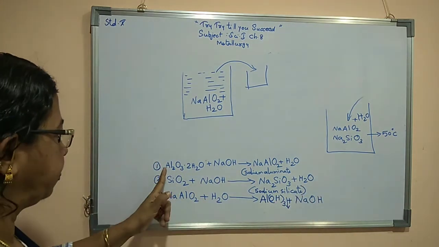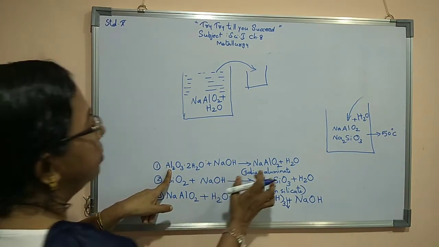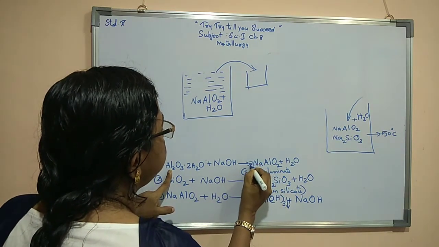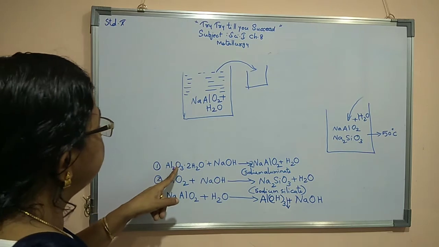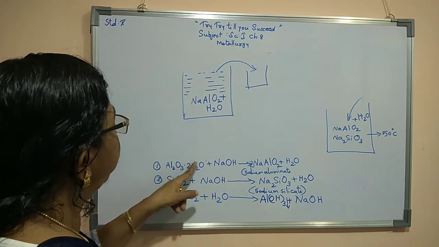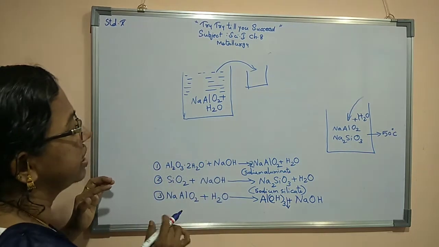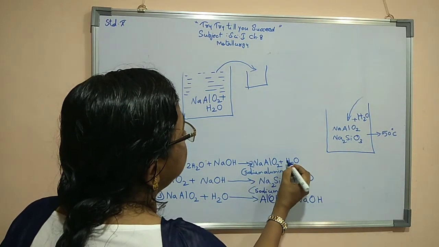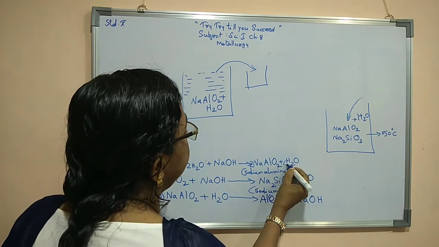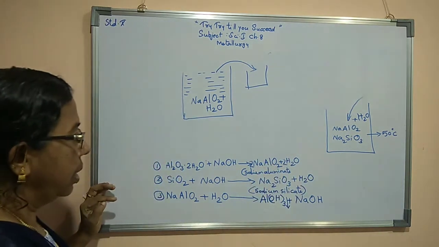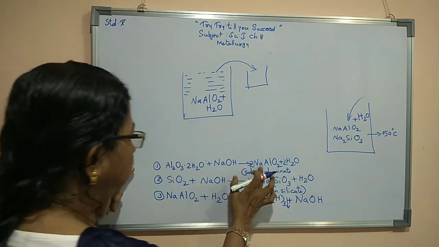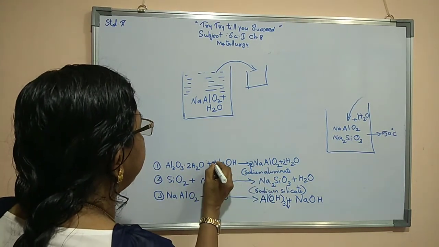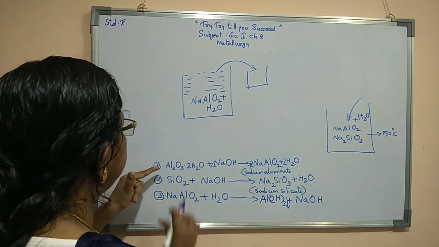Now we will balance. Here aluminium 2 is there, but here aluminium only 1 is there, so I am putting here 2. Then oxygen here 3, 3 plus 2, 5 oxygen, plus 1, 6 oxygen. Here 2 2s are 4 oxygen, plus 1, 5. So here single is there, so I am making it a double. Now sodium here is 1, here 2, so I am making it 2. Now we will count and see.